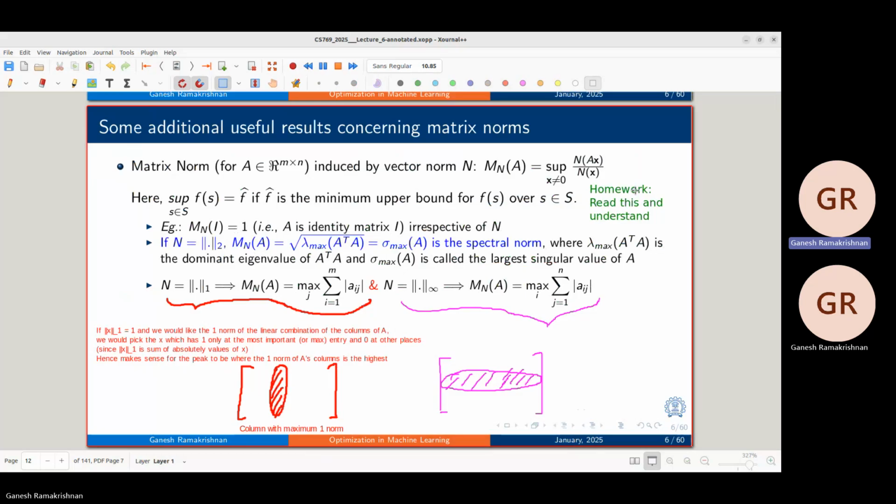N is a norm on vectors, and I've induced a matrix norm. As a generalization of what I showed just earlier, this is actually also a norm. Now I have a norm on matrices, which is therefore a convex function. Okay.